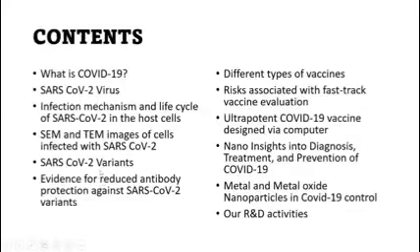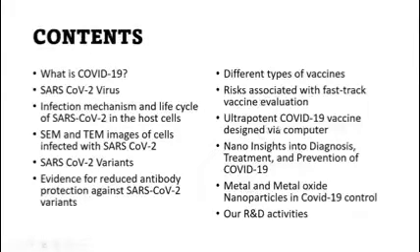And then we talk about SARS-CoV-2 variants and evidence for reduced antibody protection against SARS-CoV-2 variants. Then we talk about different types of vaccines, and the risk associated with fast-track vaccine evaluation, as I take from standard journals like Nature.